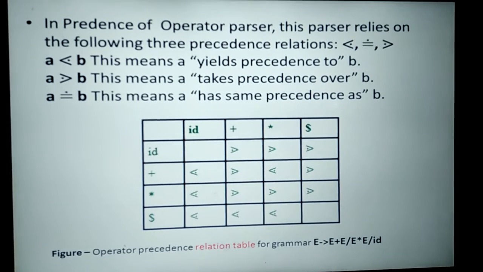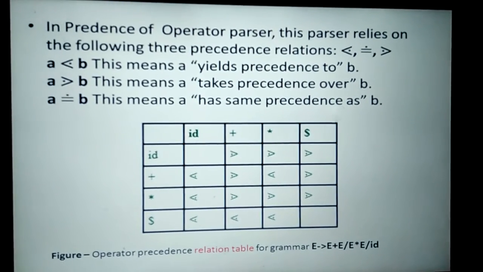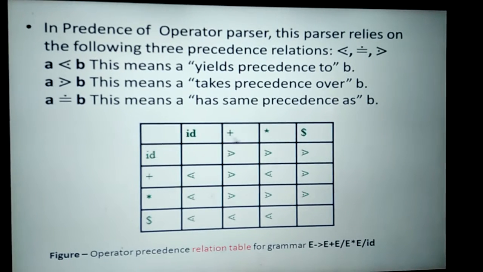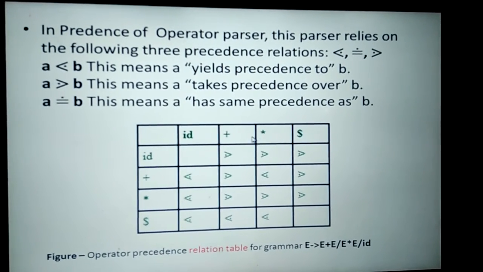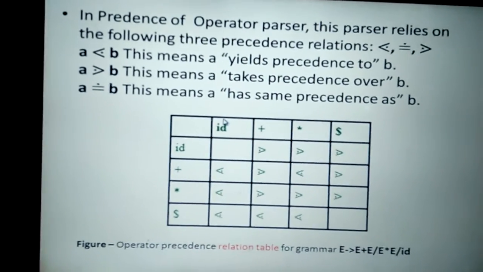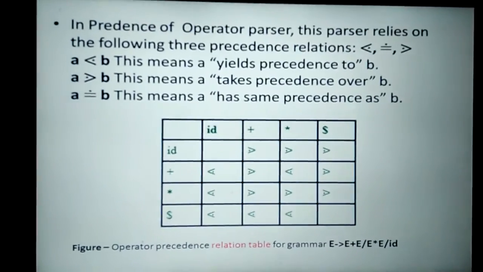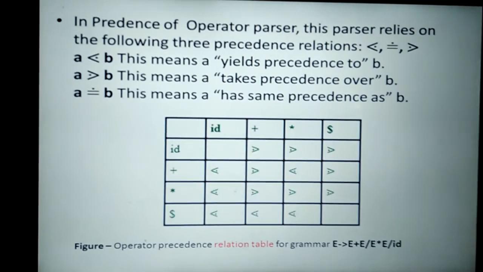Let me tell you one more thing clearly. Among these, the identifier has the highest precedence, because it is already solved, because the ultimate goal here is to use the parse tree to reach the identifiers only.